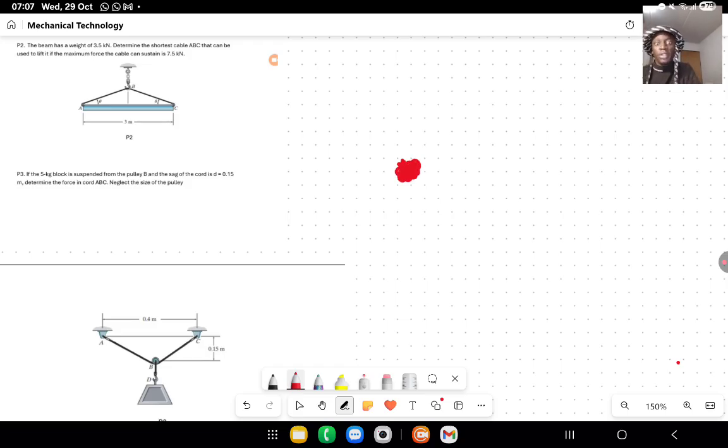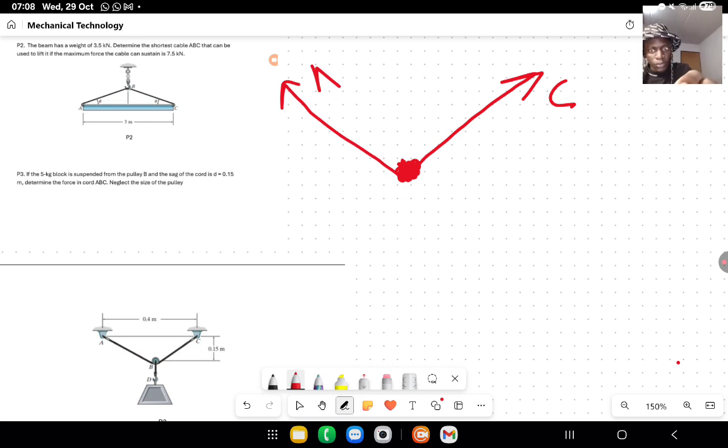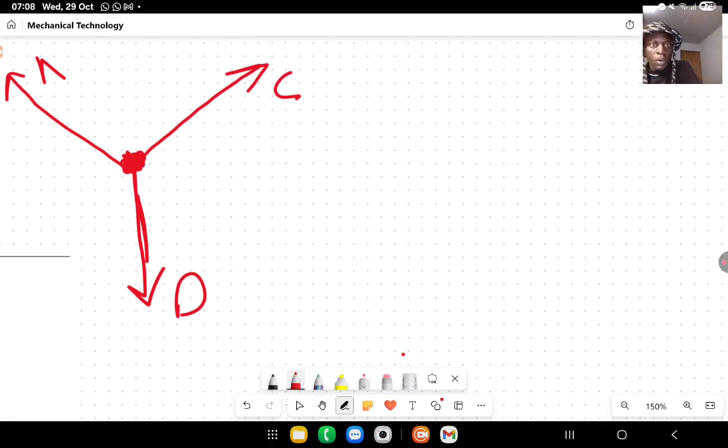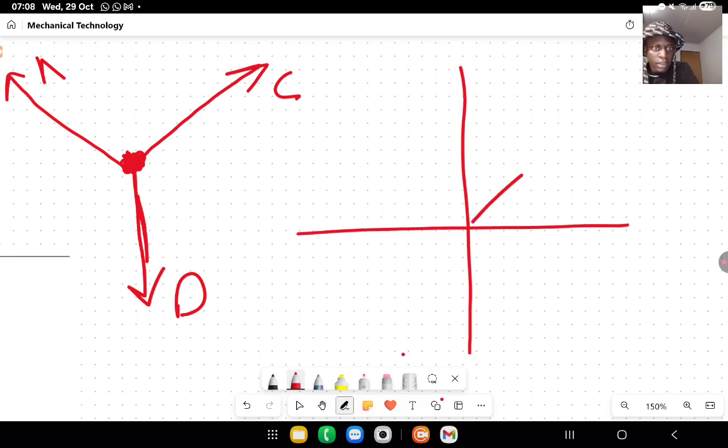Look, my dot is big, and you go like this, then this is C, then it also goes like this, this is A, then it goes down like this, which is D. Now we have our Cartesian plane as always. Then we have a force like this. We also have a force like this. We also have a weight.